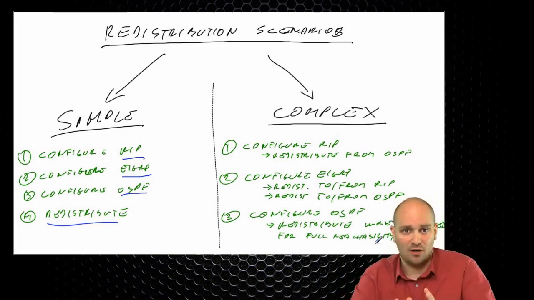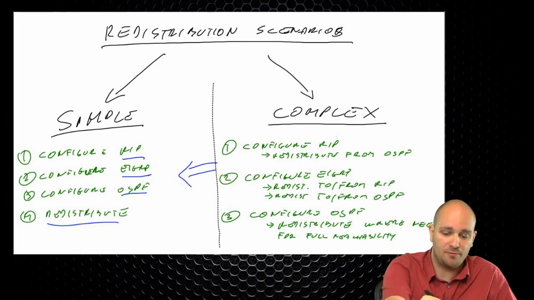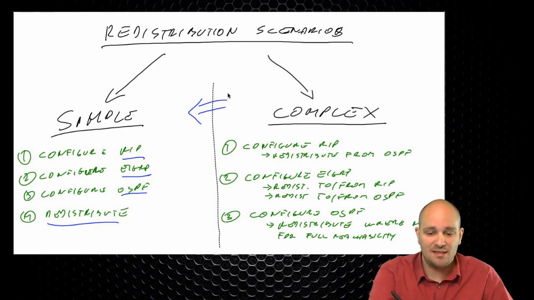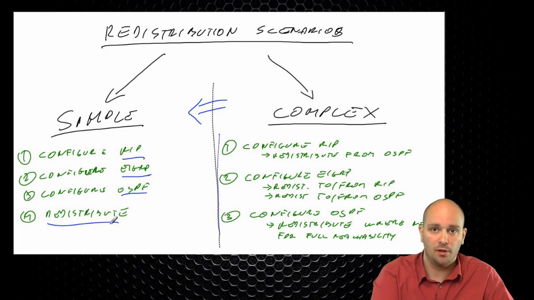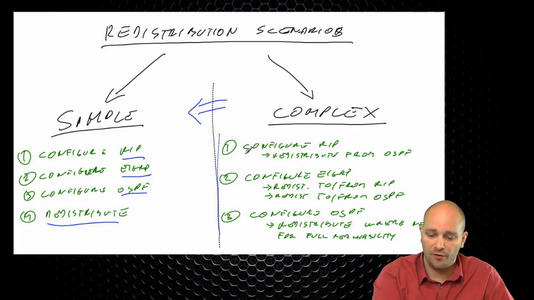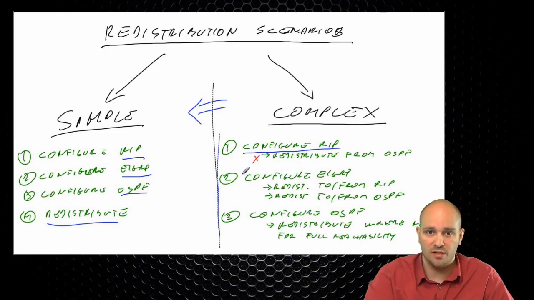Now, when you have a complex redistribution scenario, what you need to do is you need to make it simple for yourself. So you need to simplify it yourself. You need to translate these complex tasks here into a set of very simple tasks. So you need to configure RIP, and actually at this point don't do the redistribution.